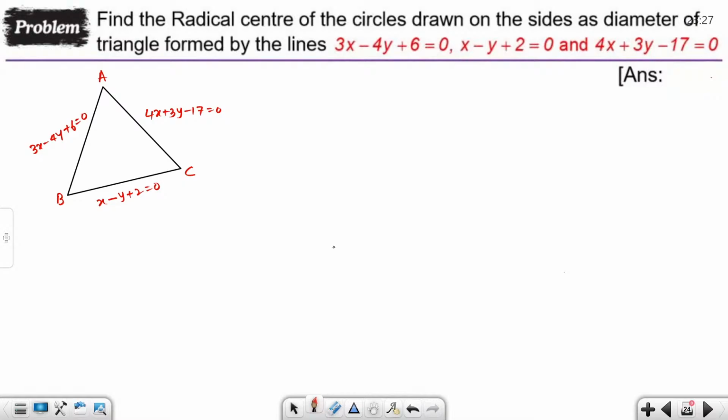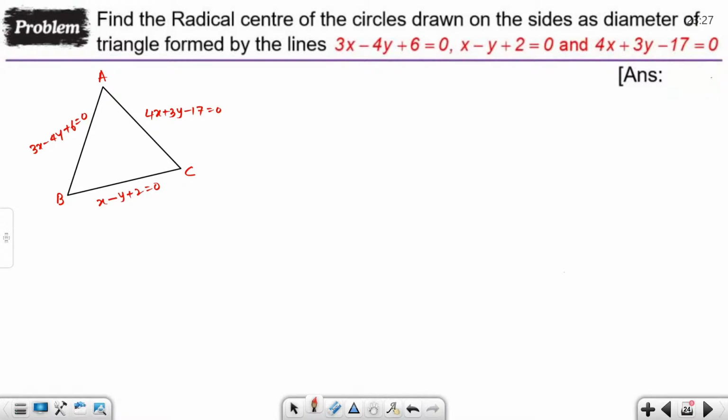So just now we have learned that whenever three circles are described on the three sides of a triangle, taking each side as a diameter, their radical center and the orthocenter will be the same point. So one who knows this property can understand that this question is not at all a question from circles.